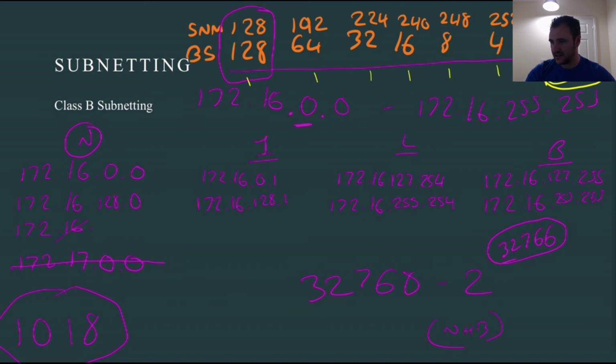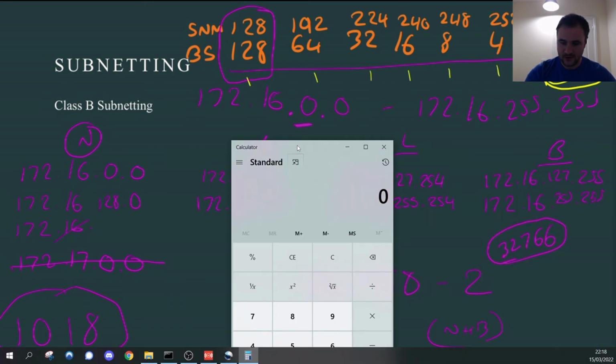So 256 times by 2, 512 here. So that gives us 512 hosts. But we're looking for one above that. So if I times by 2 again, 1024. So that fits within our 1018.